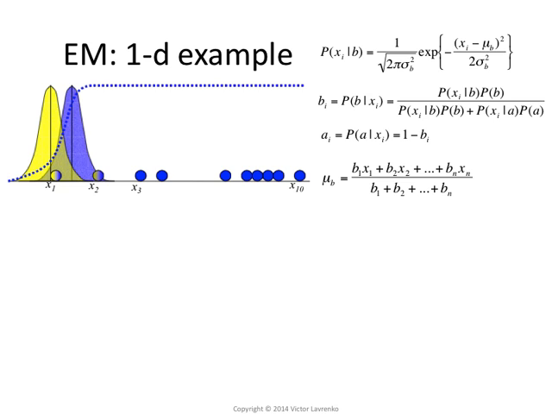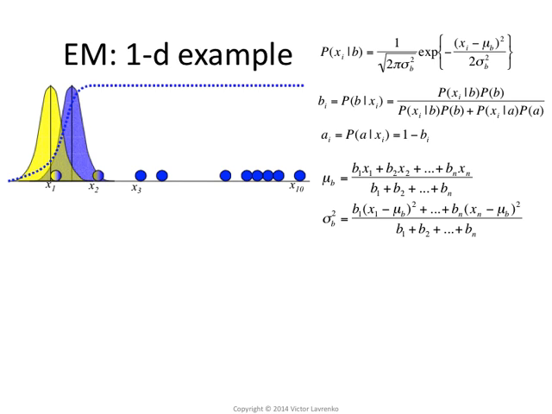And then what I do is I re-estimate the means and the variances of the blue and the yellow Gaussian. And the way I do that is I take all the data points, I multiply them by what proportion of blue they had in them, add it all up, divide by the blue posteriors, and that's going to be an estimate of my mean. And I estimate the variance in exactly the same way.